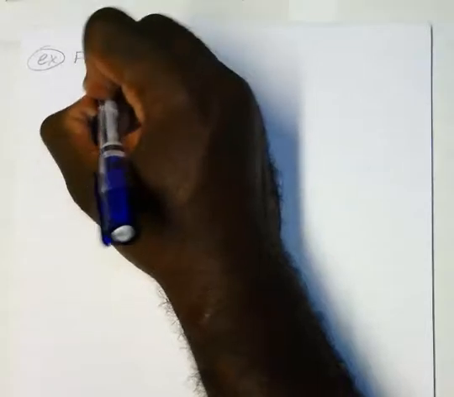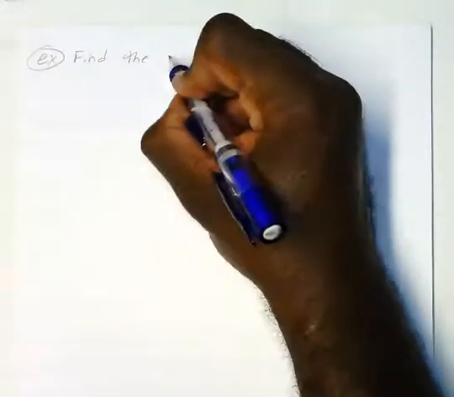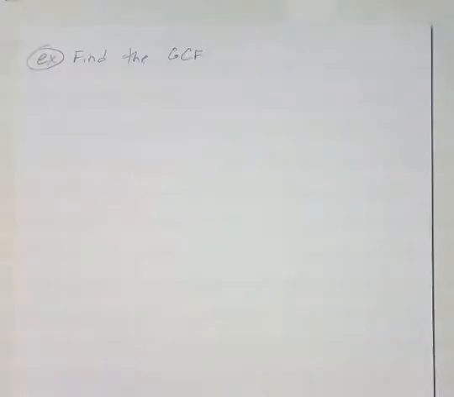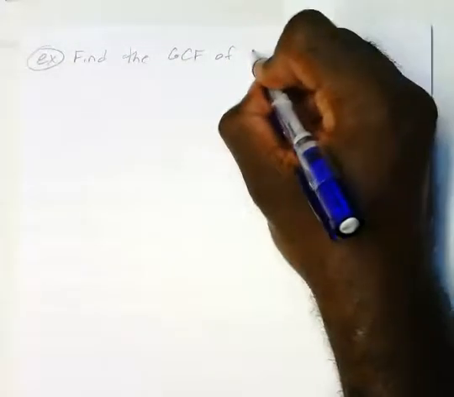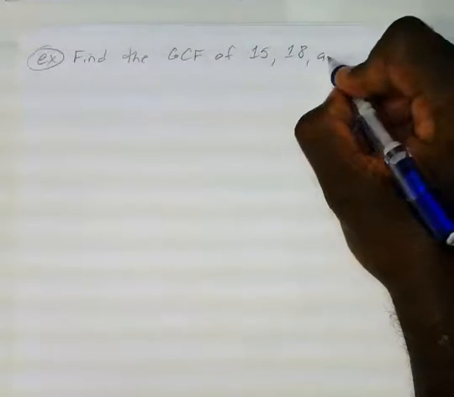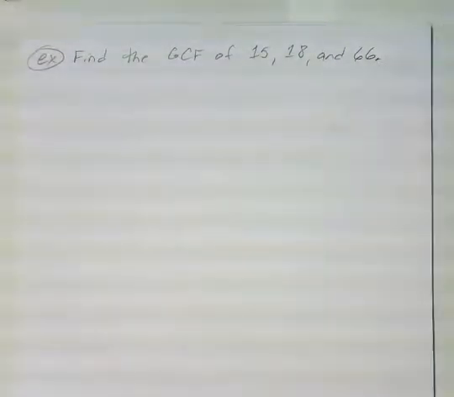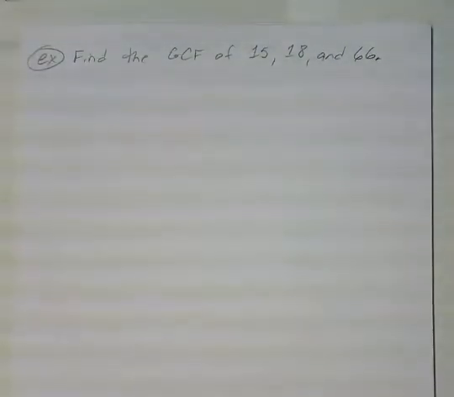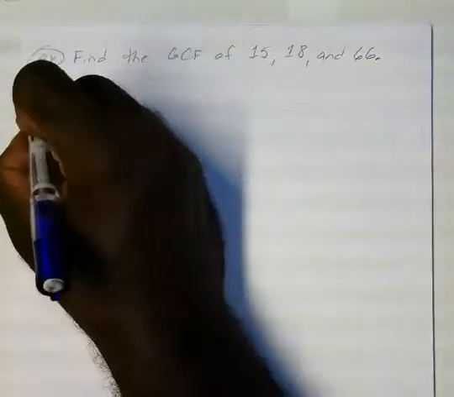What if we wanted to find the greatest common factor of 15, 18, and 66? We do the exact same thing we did before, but we do it for 3 terms.